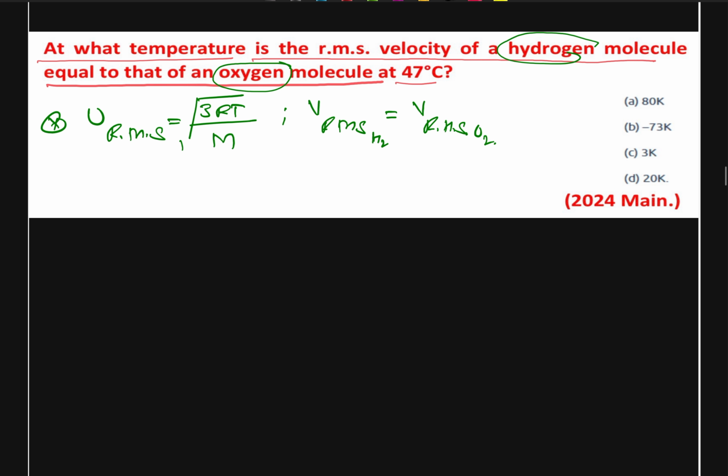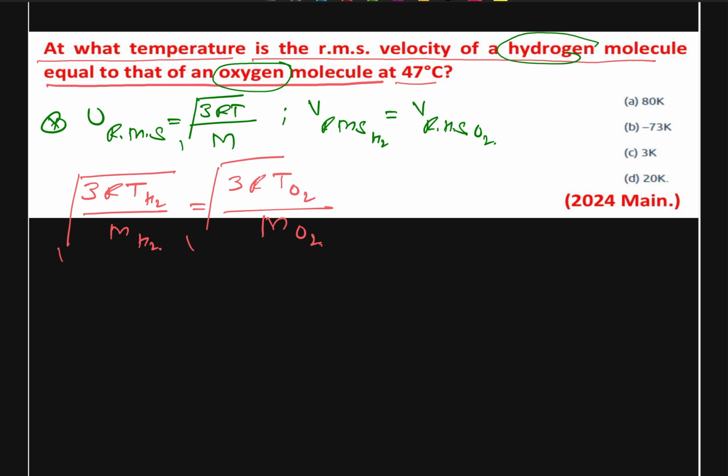Therefore, we can write the square root of 3R times the temperature of hydrogen divided by the molar mass of hydrogen is equal to the square root of 3R times the temperature of oxygen divided by the molar mass of oxygen.